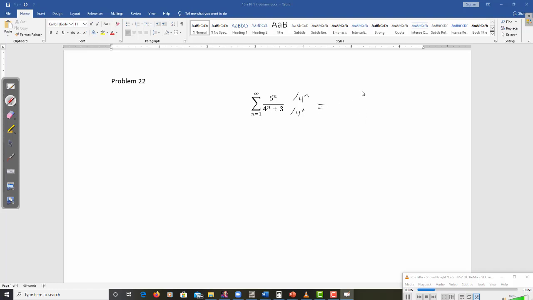That sequence would be 5 over 4 to the n over 1 plus 3 over 4 to the n, which would go to infinity over 1. So that goes to infinity, so we can just say that diverges by nth term test for divergence, because the sequence didn't go to 0.